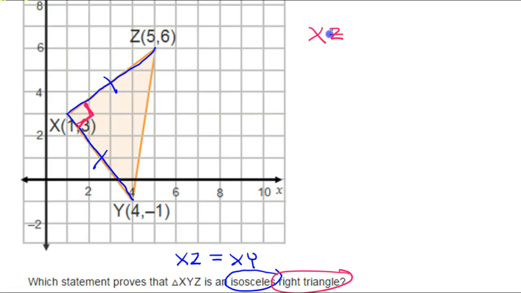XZ would have to be perpendicular to XY. A way to show whether segments and lines are perpendicular is that their slopes should be opposite and reciprocal.